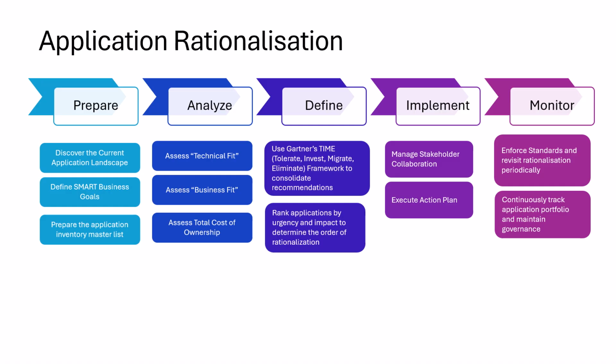So once we've got an idea about the technical fit, the business value that this application is providing, and also a good understanding of the total cost of ownership, we move on to actual definition of what we want to do. How do we rationalize, right? Defining the rationalization process. So we use Gartner's TIME framework: tolerate, invest, migrate, or eliminate. So you might have to tolerate some of the legacy applications, live with it as is, because touching that could have a business impact, or any more investment would actually create wasted effort.